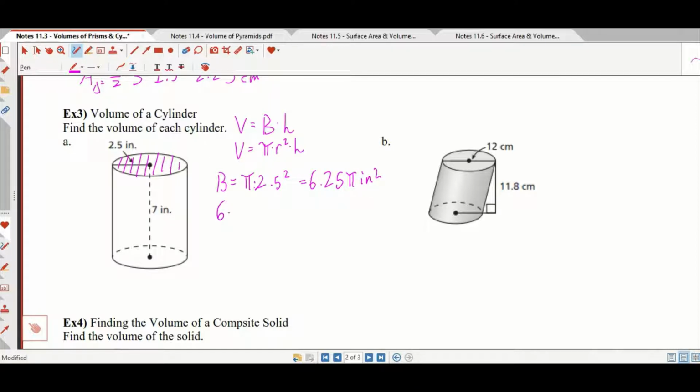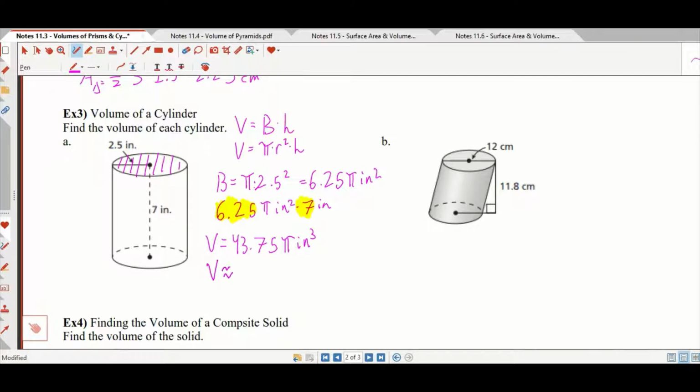So now we're going to take that base area, 6.25 pi inches squared, and multiply that by the height, which is 7 inches. Now, when we're doing this, really you're going to multiply the non-pi parts. So 6.25 times 7 is 43.75. So that means that the volume is equal to 43.75 pi inches cubed.